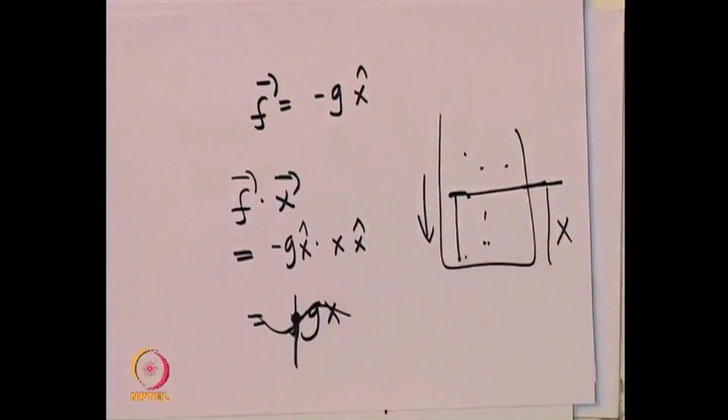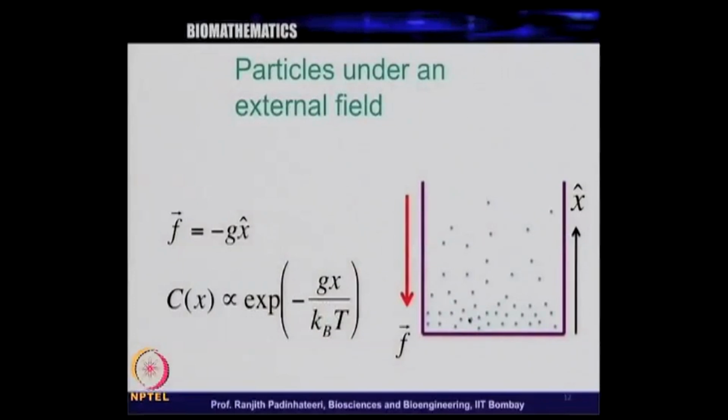So most of the particles you will find at the bottom because there is a force acting and there is an energy cost to go up. If you think intuitively, the concentration will be more at the bottom and less at the top. You can think of it as sedimentation: if you put something into water, it will fall down to the bottom of the beaker, right?